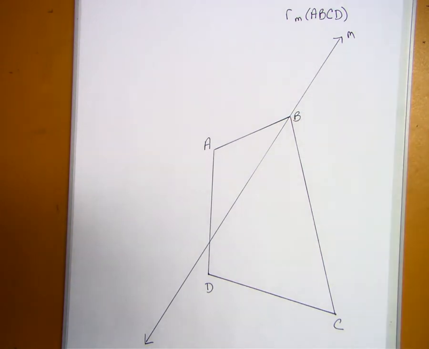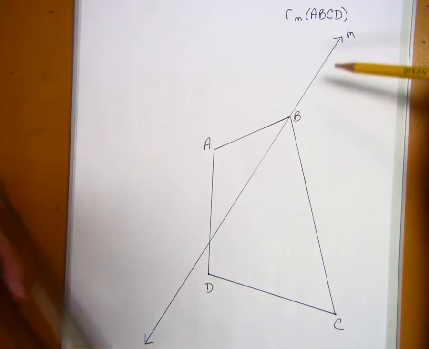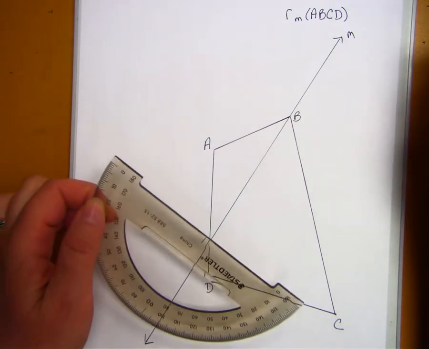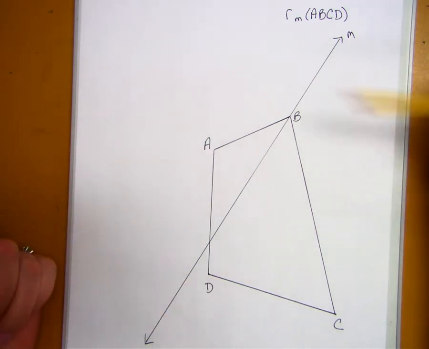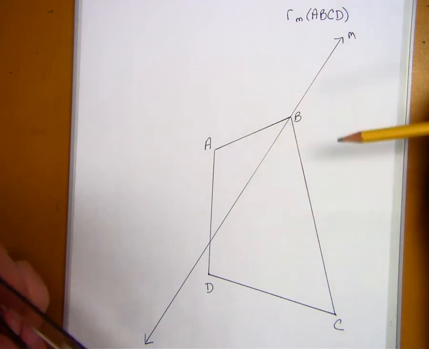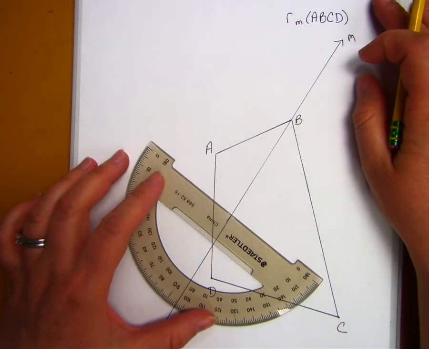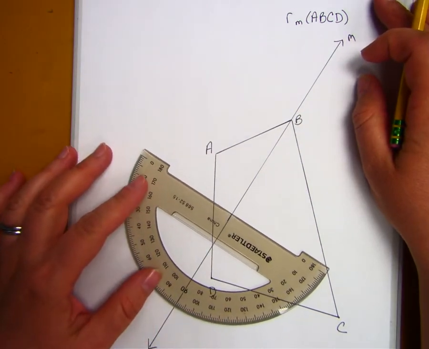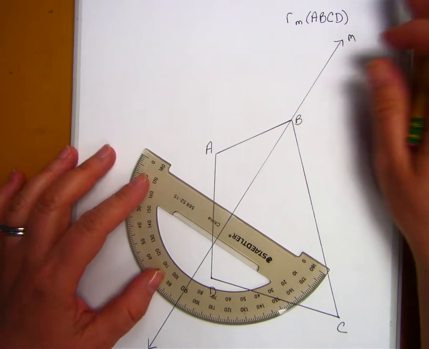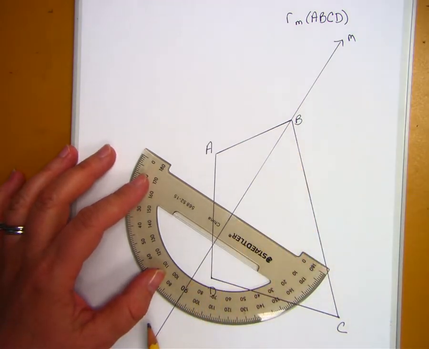So let's get started. We're going to start by reflecting point A. The line is the perpendicular bisector of the segment made with A and its image, A prime. So we're going to line up our protractor at 90 degrees with the line of reflection. Here's our line of reflection.